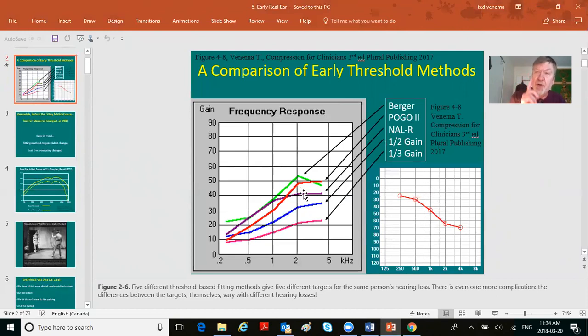Because hearing aids were linear, and linear hearing aids give the same gain for all inputs. So they focused on the gain required for average inputs, which is average conversational speech. That's where they derived their target gains from.